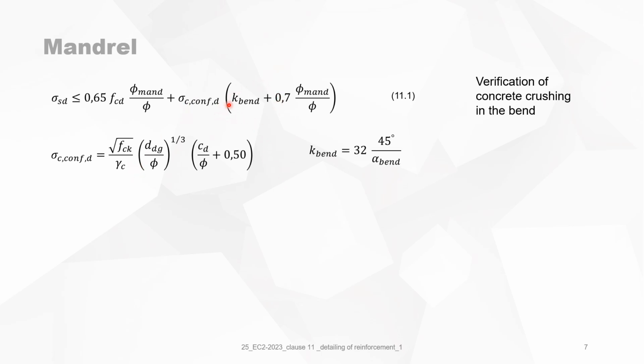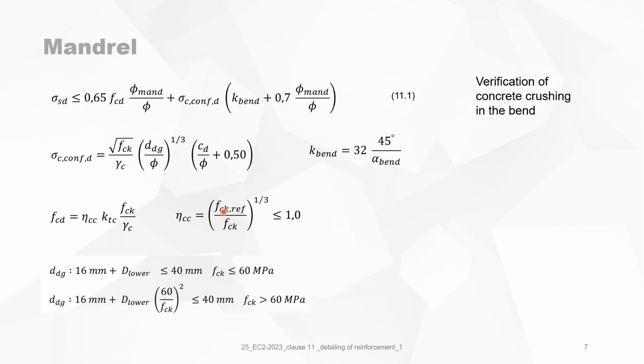K bend is a factor taking into account the angle of a bend or the angle of a hook, and alpha bend is in degrees. FCD, like we've seen in the first videos, the definition, but I just repeat it so that you can apply this formula with eta cc equal to this. FCK ref, I will use the proposed value of 40 megapascal, but this can change in the national application documents. And DDG is also defined. We talked about this in the previous videos.